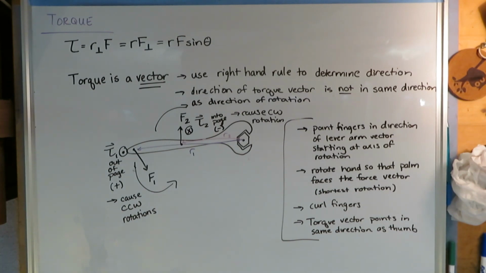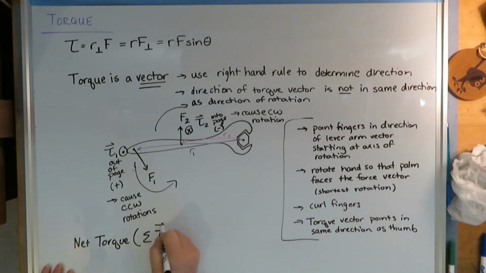Now this is going to matter because if you have several different torques, you need to find a net torque. So our net torque is either written like this, or you can write it as torque net.